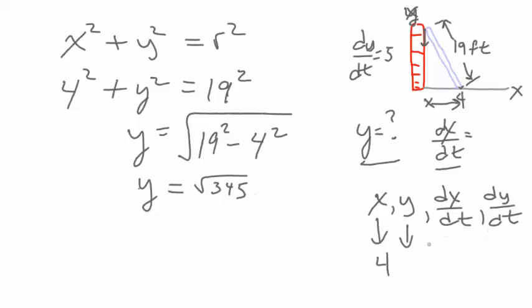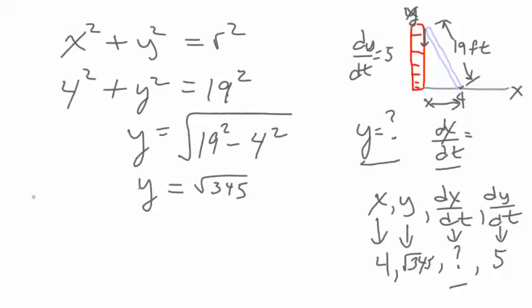Okay, so we got our y, right? 345. Our dx over dt, this is the question mark, and then dy over dt is 5. So that's what we want to figure out. So we're going to need to take the derivative of this thing.